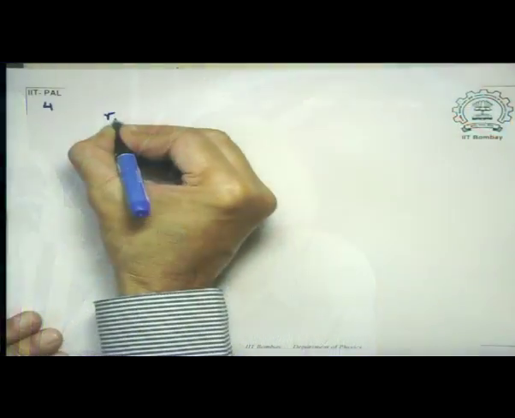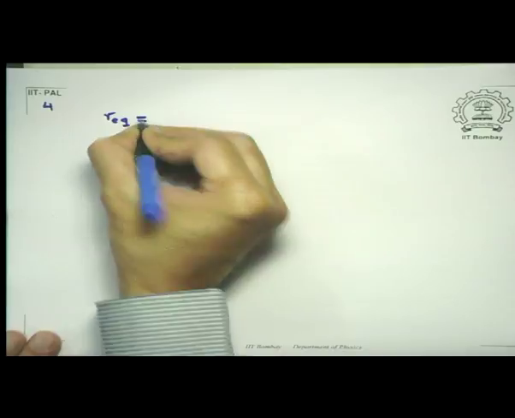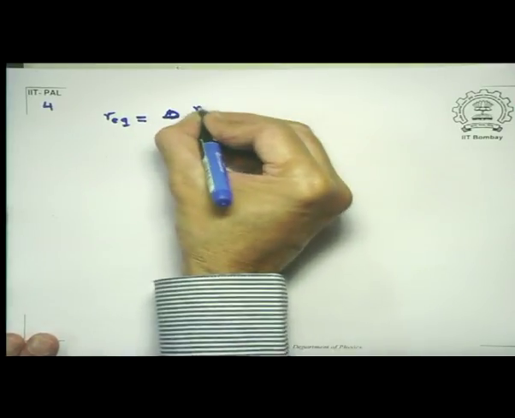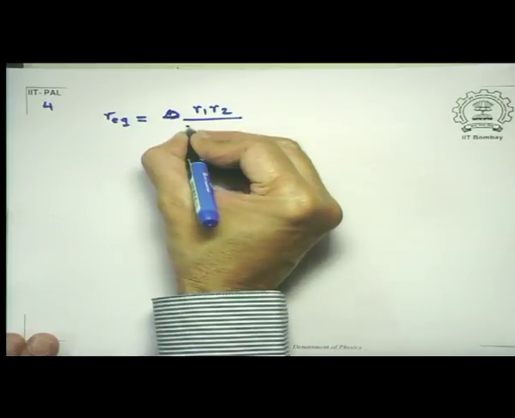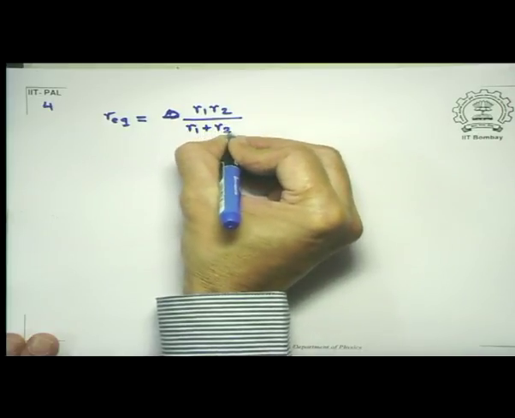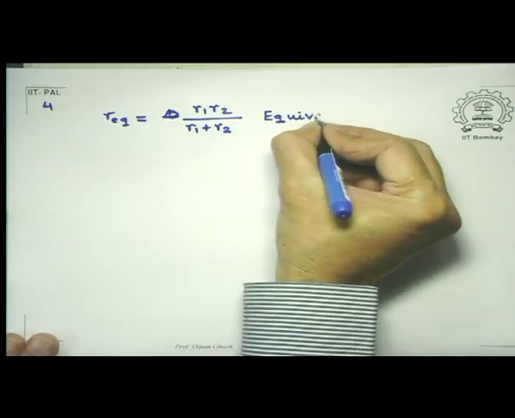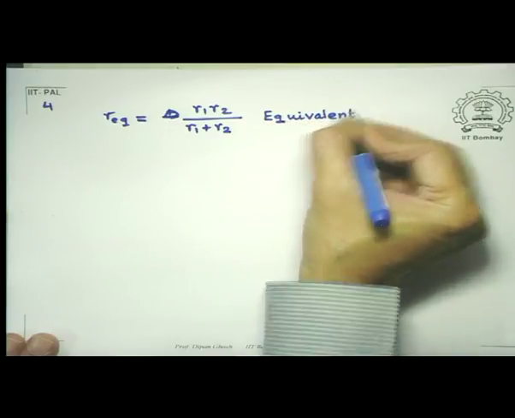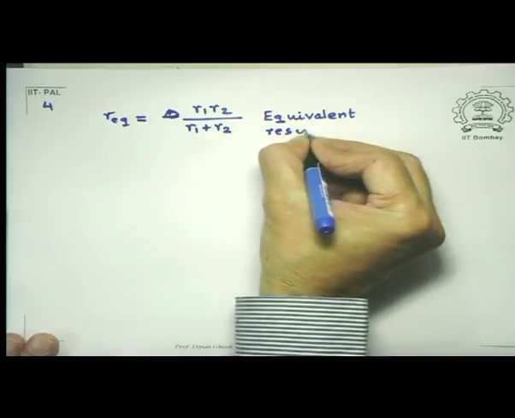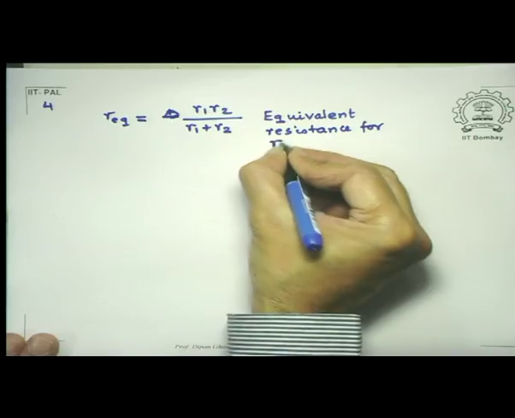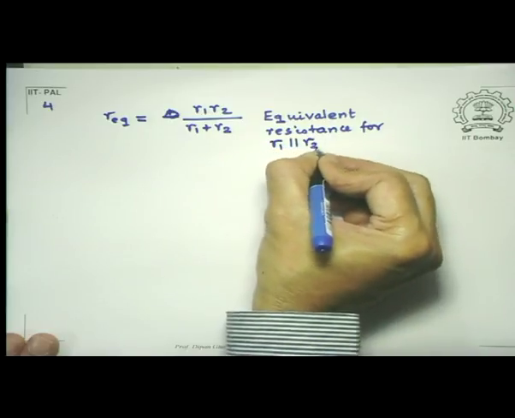We say the equivalent resistance that I have, R equivalent, is 1 over R1 R2 by R1 plus R2, which is the equivalent resistance of the two internal resistances for R1 parallel to R2.